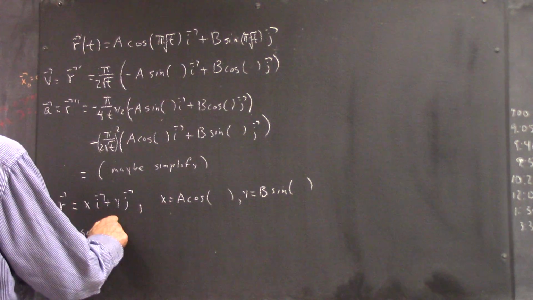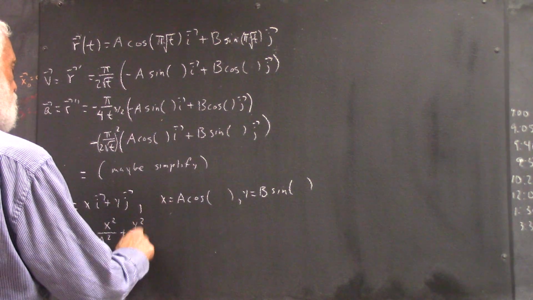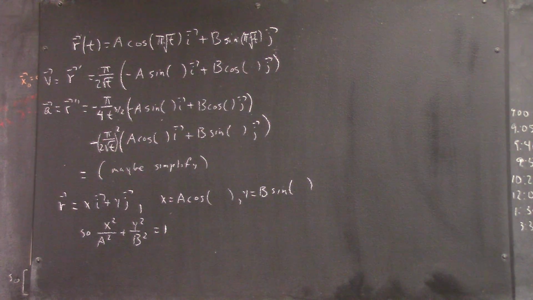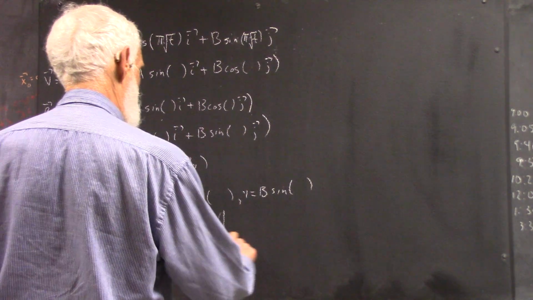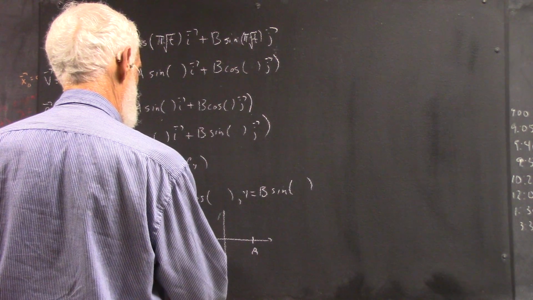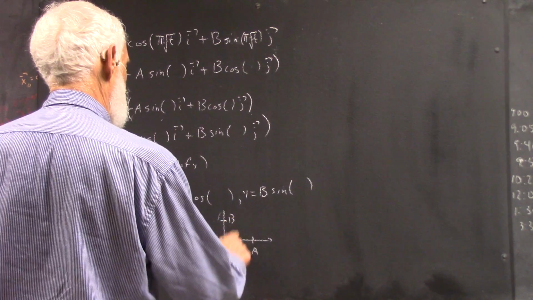So x squared over a squared plus y squared over b squared equals 1. And your picture is an ellipse with a semi-major axis of a and a semi-minor axis of b.